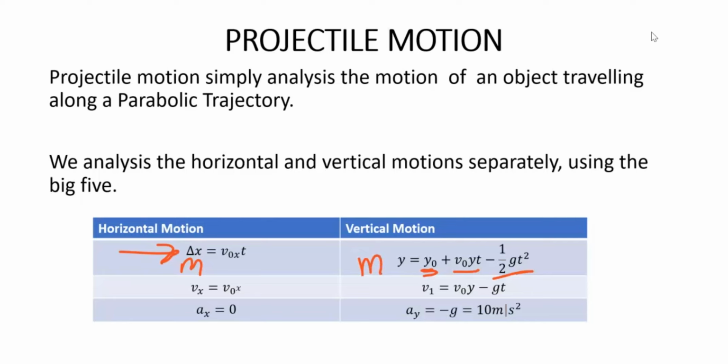So for us to get the velocity of x, we should know that the velocity on the x-axis is equal to the initial velocity on the x-axis.